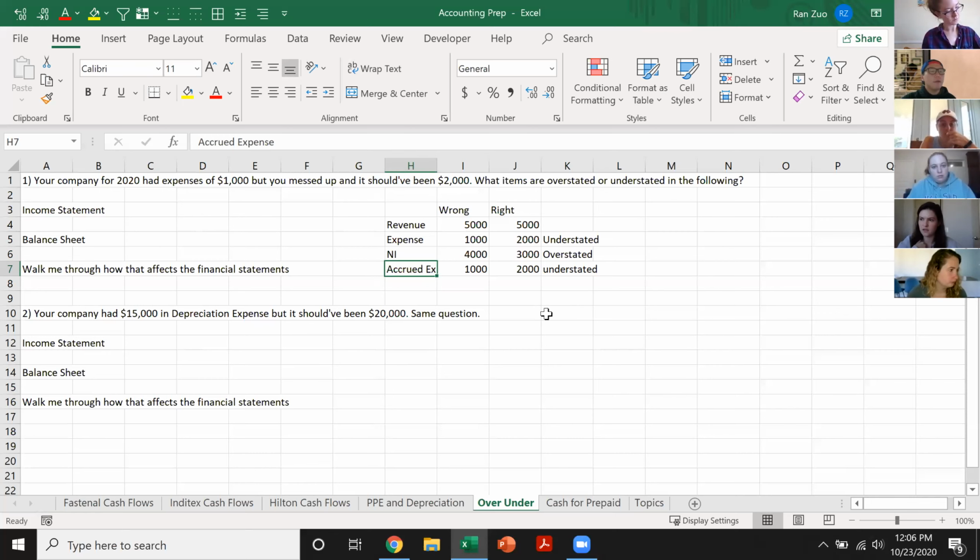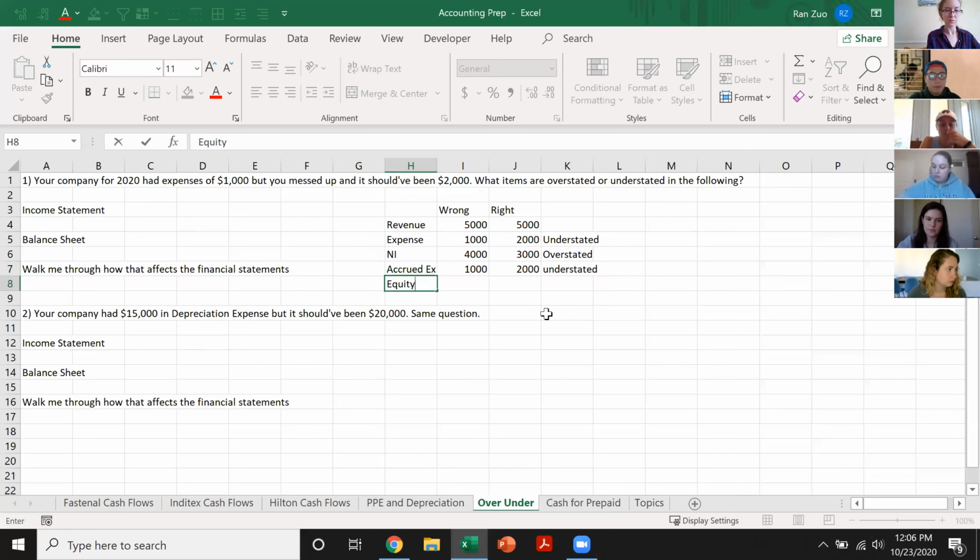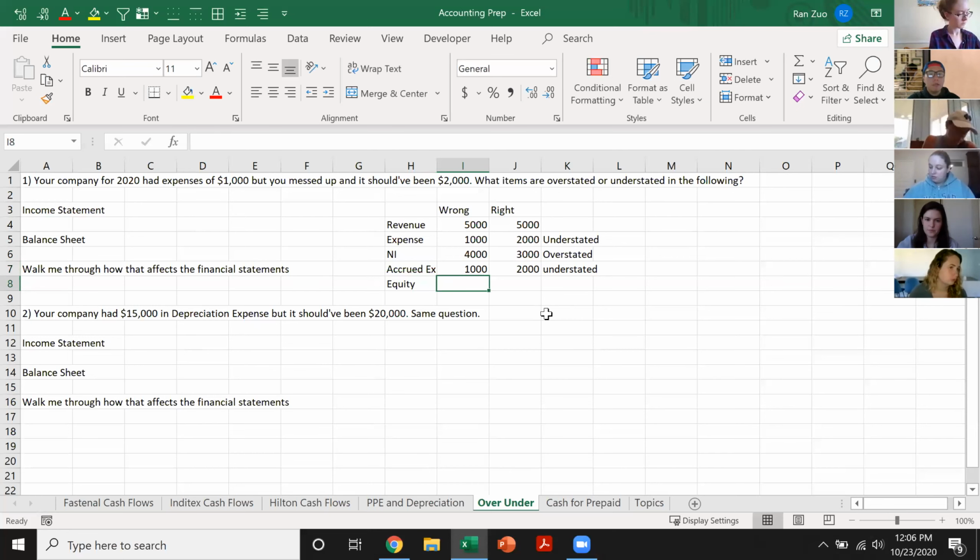What else is on the liability side in that equation? It'd be overstated equity then. Yeah, exactly. Very good. Equity. Why is equity overstated? Is it paid in capital? It's not paid in capital, it's something else.